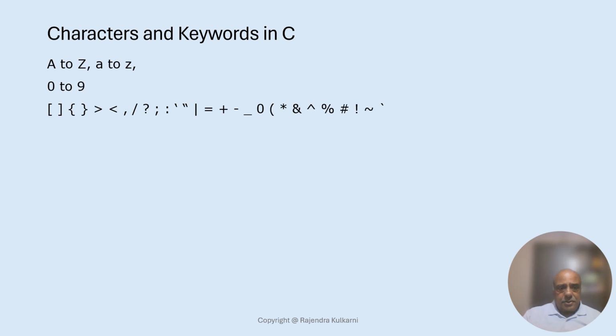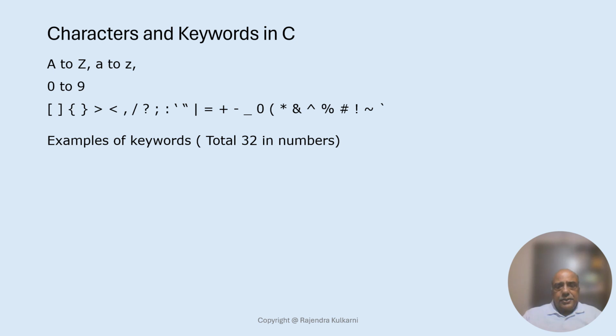Now there are symbols like curly braces, parentheses, square parentheses, the symbol for greater than or lower than checking, and so on.